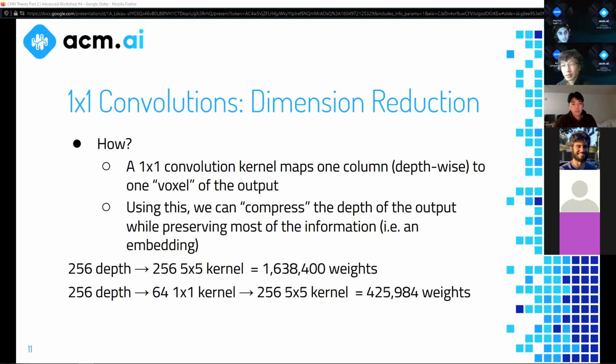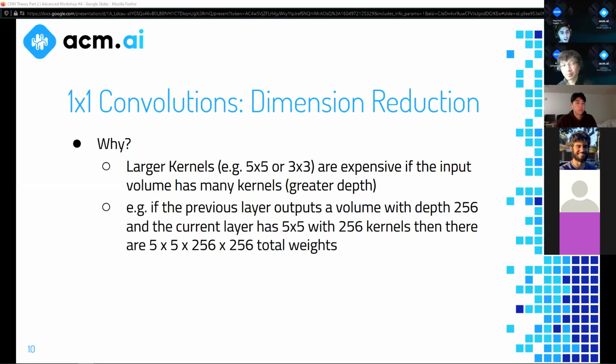Yeah, and there's something I want to address about that. The natural question some of you might be asking is, wait, I thought the depth is going to be 3 because there's R, G, and B. That's true for the original image, right? But keep in mind what we usually do, like you just saw with AlexNet: you take the input, pass it through a convolution, max pool that, and then throw that max pooled result into another convolutional layer, and so on.